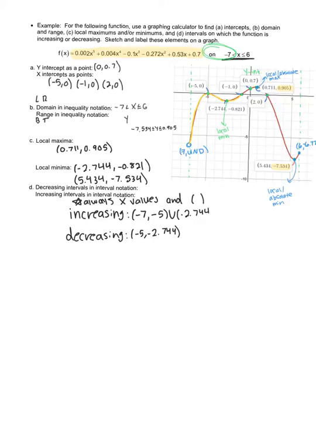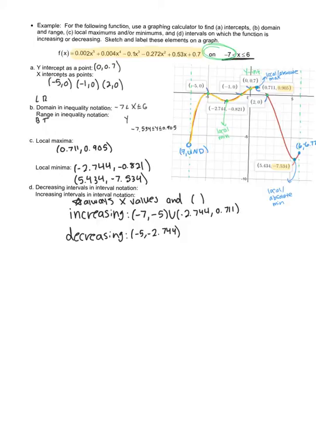And if you notice, I don't stop increasing again. So I'm going to increase all the way until I hit that absolute maximum. And that x value is at 0.711. So I increase all the way from that local min of -2.744 up until that absolute max of 0.711.